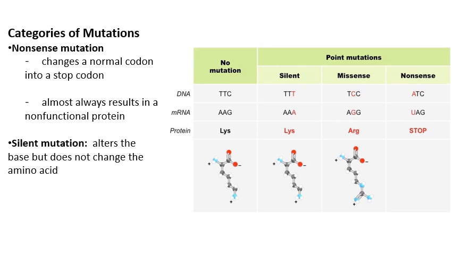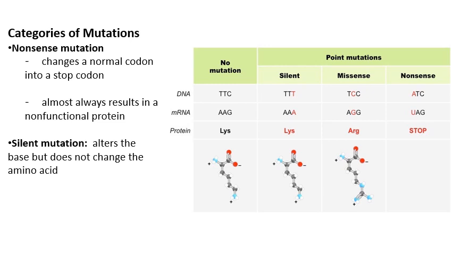And then it's also possible to have silent mutations. So silent mutations give us a different codon, but that different codon doesn't necessarily cause any problems because it codes for the same amino acid. So we can still kind of consider that a neutral mutation because it's not causing any problems.